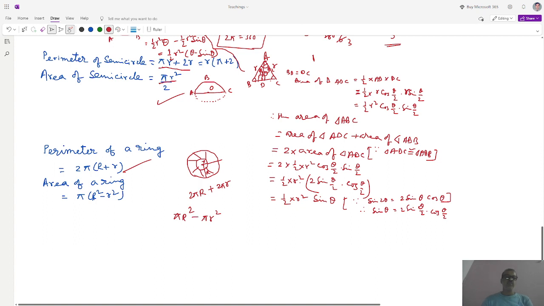It is the area of a ring. If we take common pi, then area of a ring equals pi into R square minus r square. You know the algebraic identity, R square minus r square equals R plus r into R minus r. Okay.